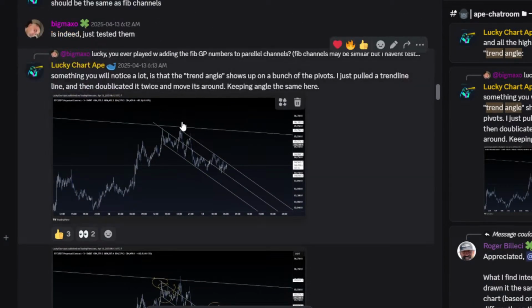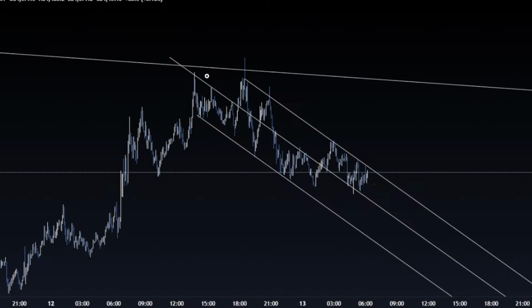And then I was pointing out in a conversation here, something you'll notice a lot is that a trend angle shows up on a bunch of the pivots. I just pulled a trend line and then duplicated it twice. And so you have like internal trends. So you have high, high, high, low, low, low, high, high, high. It's all the same trend angle.